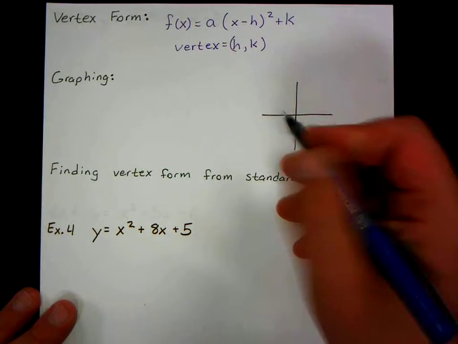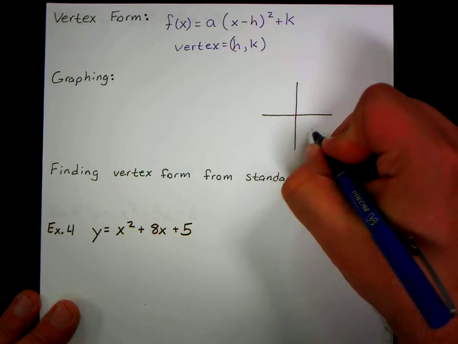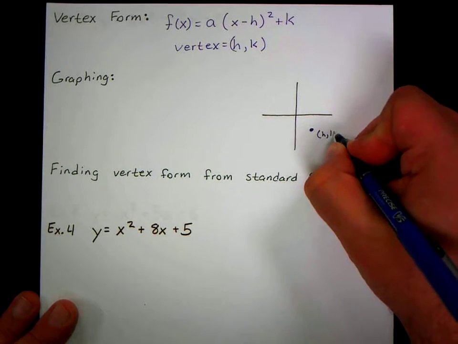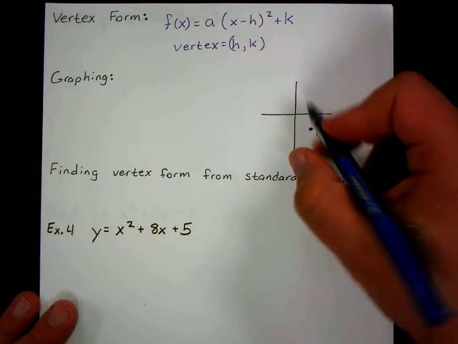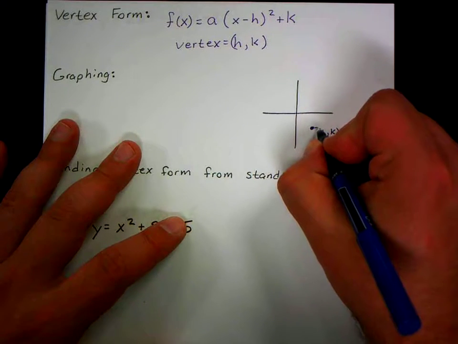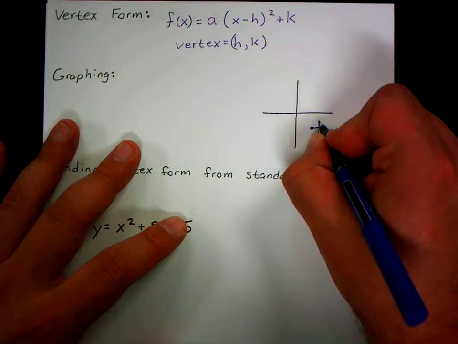Again, H and K is your vertex. So I just go find H and K on my graph. And you can do one of two things. If you like plotting another point, you can plot another point, or you can use your A value to find your next point.